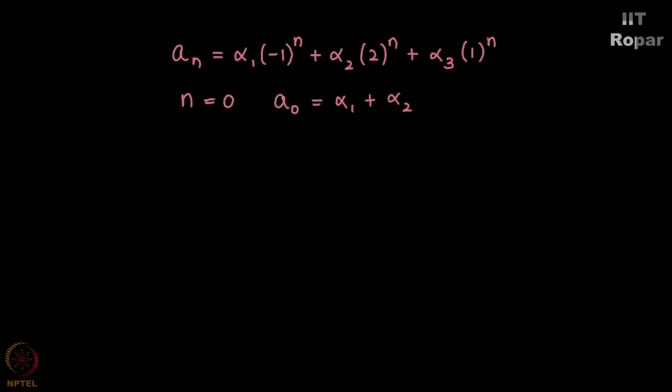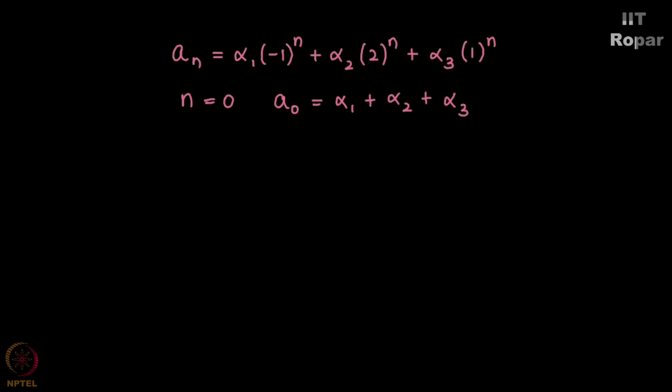What will it be? a_n equals alpha 1 into minus 1 to the n plus alpha 2 into 2 to the n plus alpha 3 into 1 to the n. Very simple. In place of x1, x2, x3, I have just substituted minus 1, 2 and 1. Now, if I substitute n equals 0, I get a0 equals alpha 1 plus alpha 2 plus alpha 3.